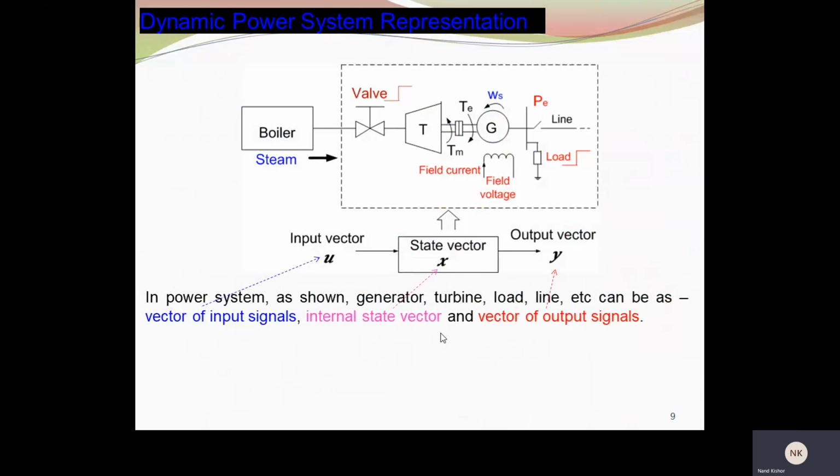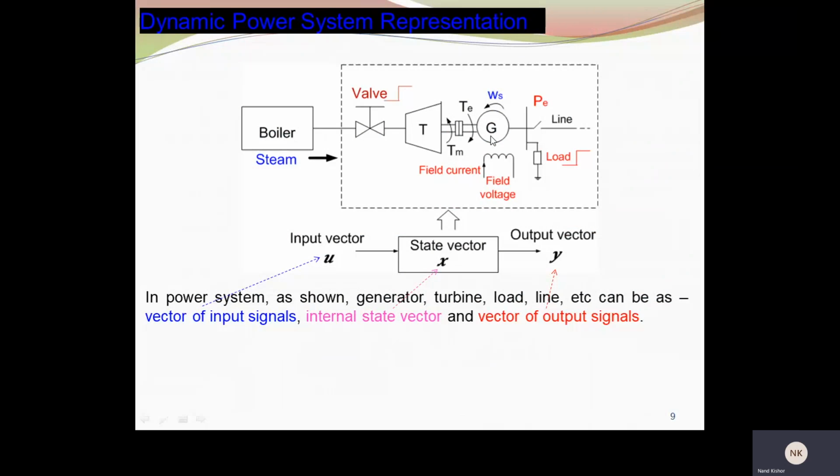If I take the example shown in the figure, we have a boiler, and from the boiler you have the steam inlet through the system, and the steam input to the turbine is regulated by the valve. This turbine is mechanically coupled to the shaft of the generator.